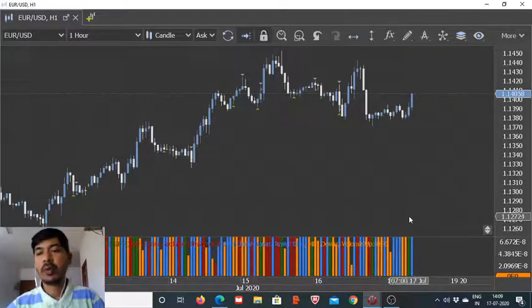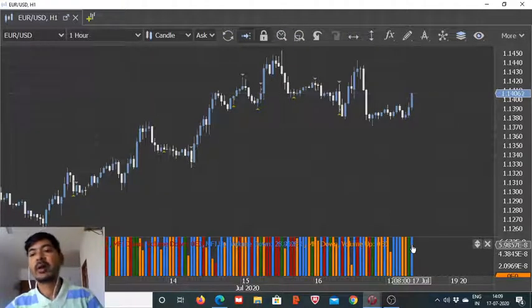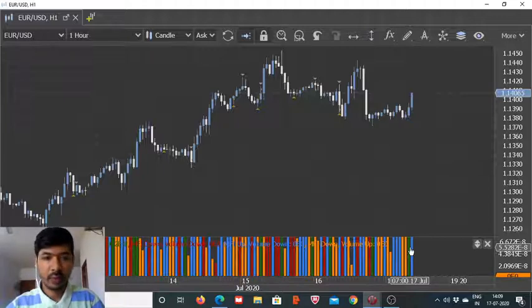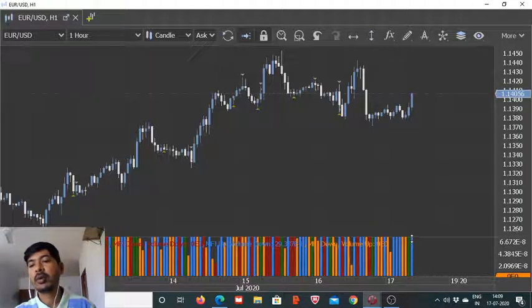Now whenever we go to any particular bar, we will see its output parameter value. And now for the current hour, we have MFI up and volume down.